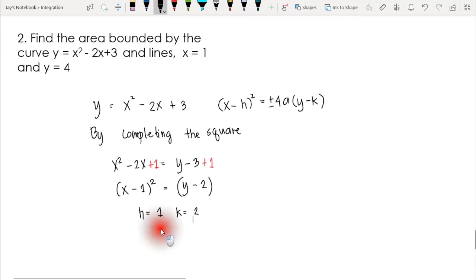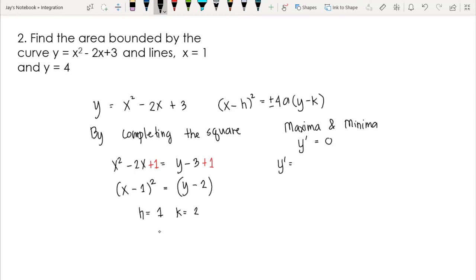Now let's try to solve it by maxima and minima. We have to get the first derivative of y and let that be equal to 0. So we have y prime is equal to 2x minus 2. Then with y prime equal to 0, 2x is equal to 2, x is equal to 1.